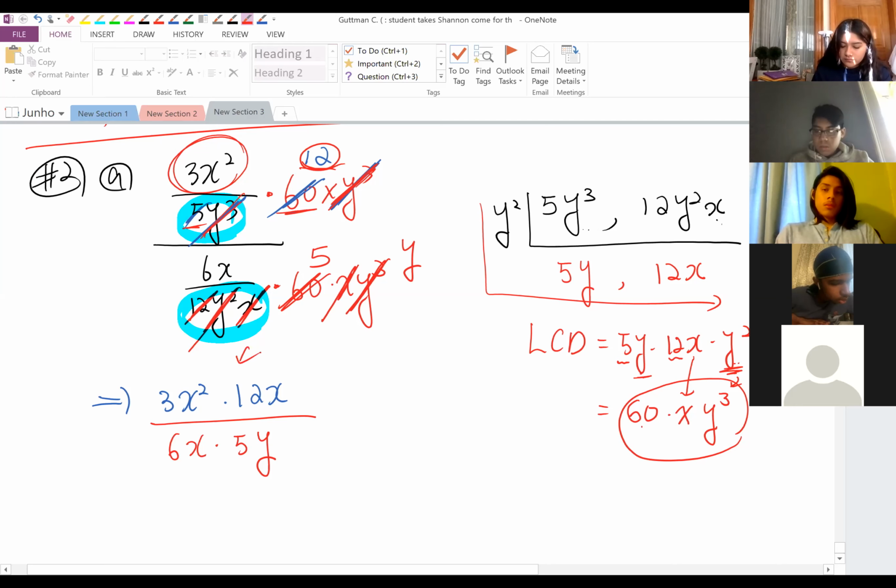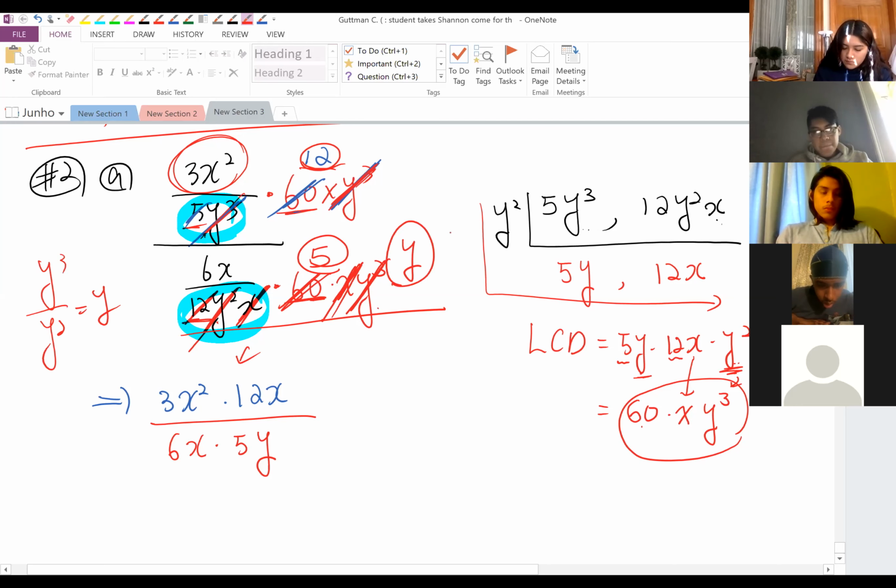And denominator part, 60 over 12 becomes 5. And then x and x is gone. Y squared, y cubed, so we take a y squared, so becomes leftover y. That's why we got y here.